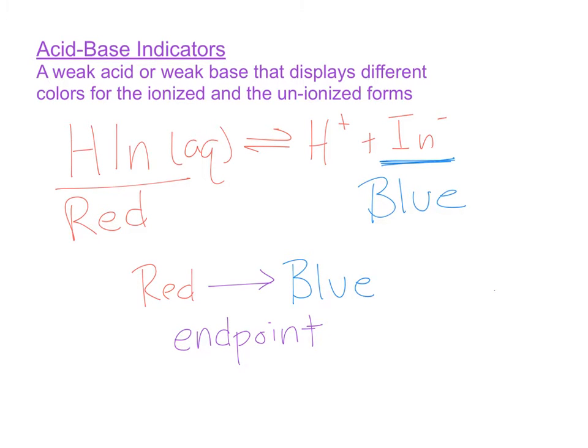Now remember, each weak acid has its own Ka, right? So any indicator would be useful for only particular titrations. Say, for instance, we want to have an indicator in a titration of a strong acid with a strong base. So for that particular titration, we would need a specific indicator where its Ka would be about where the strong acid and strong base would have equivalent moles.